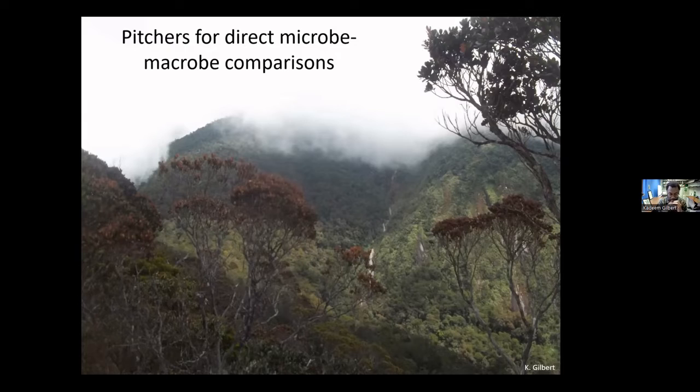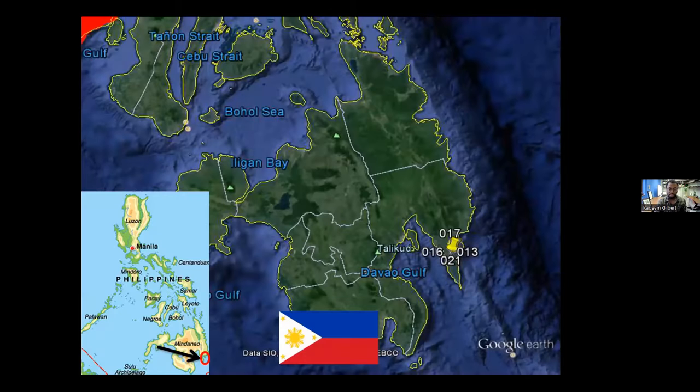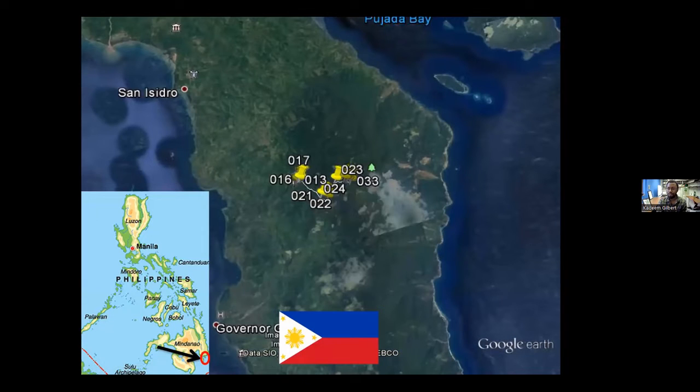So I'm interested to directly contrast whether these two very different types of taxa are responding to this elevational gradient in the same way. For this study, I went to the Philippines. I did this work in the southernmost island of Mindanao, in the southwest peninsula here, specifically on Mount Hamigitan.